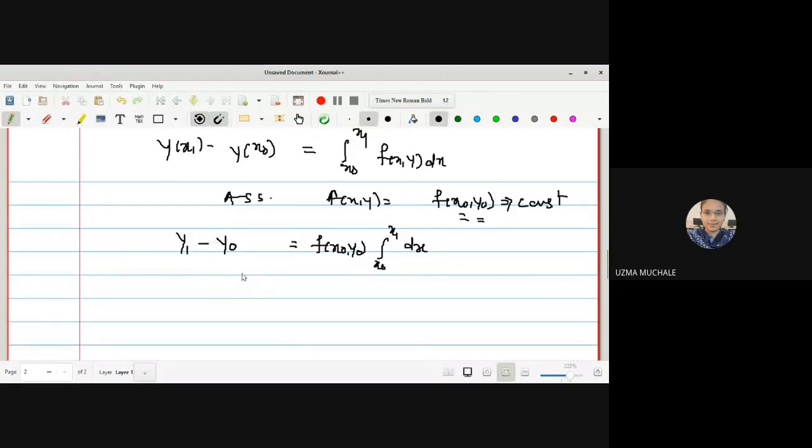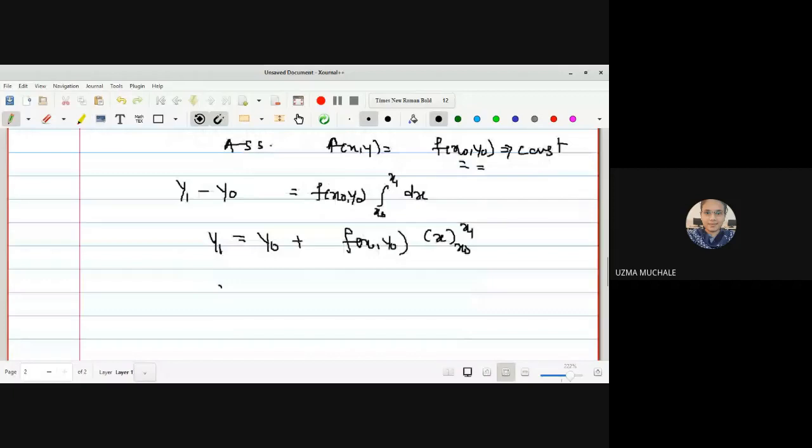So hence we can write y1 is equal to y naught plus f of x naught, y naught. The integration with respect to x will be simply x within the limit x naught to x1, which we can write in the next step: y1 is equal to y naught plus f of x naught, y naught times x1 minus x naught.